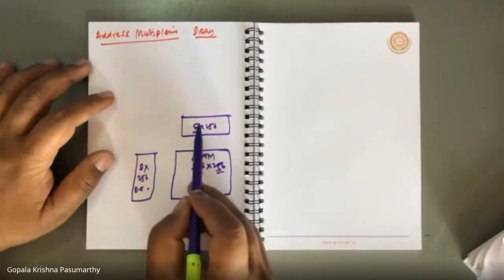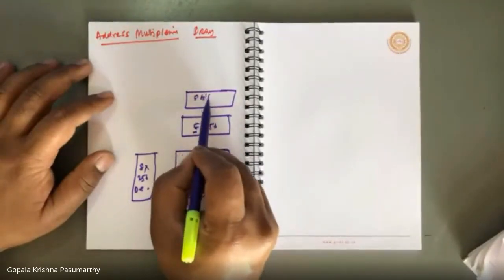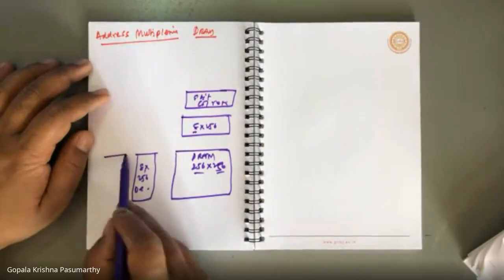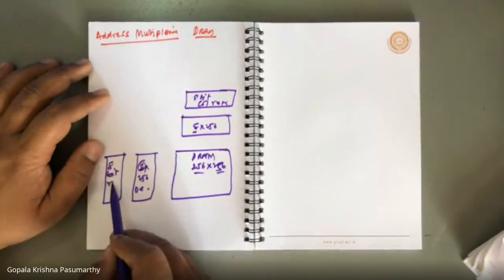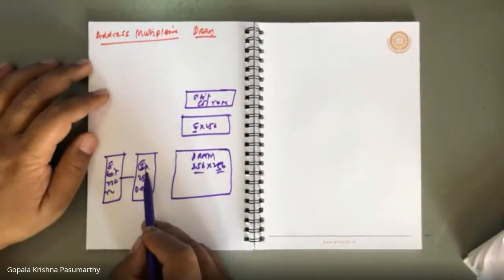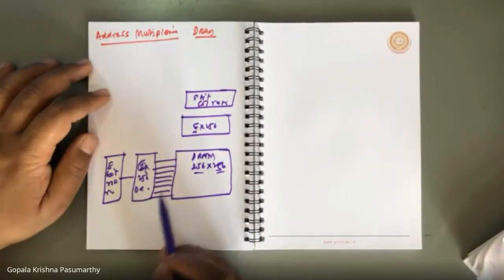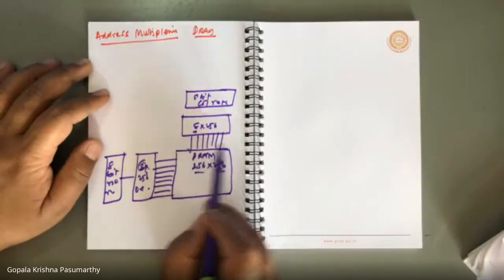The 8-bit row address is stored in an 8-bit row register, which is given to the 8 by 256 decoder that has 256 lines.